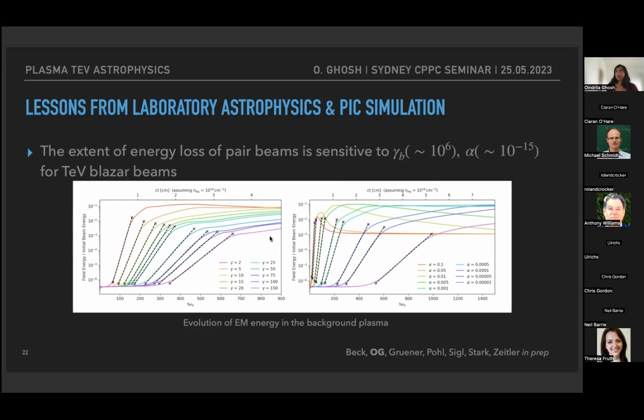And the saturation is brought about by nonlinear effects, which we cannot describe with perturbation theory, for example.